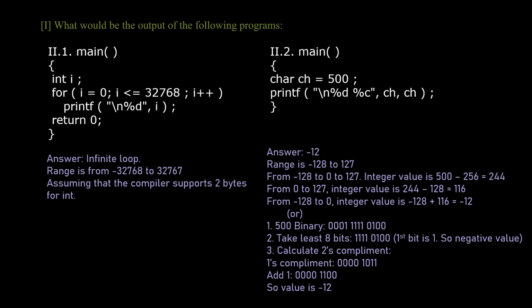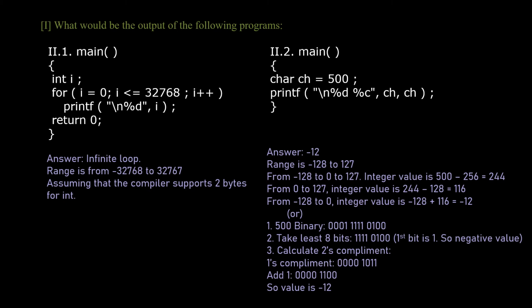So do 244 minus 128, which is 116, and in the negative numbers -128 to 0, do -128 plus 116, which is -12.